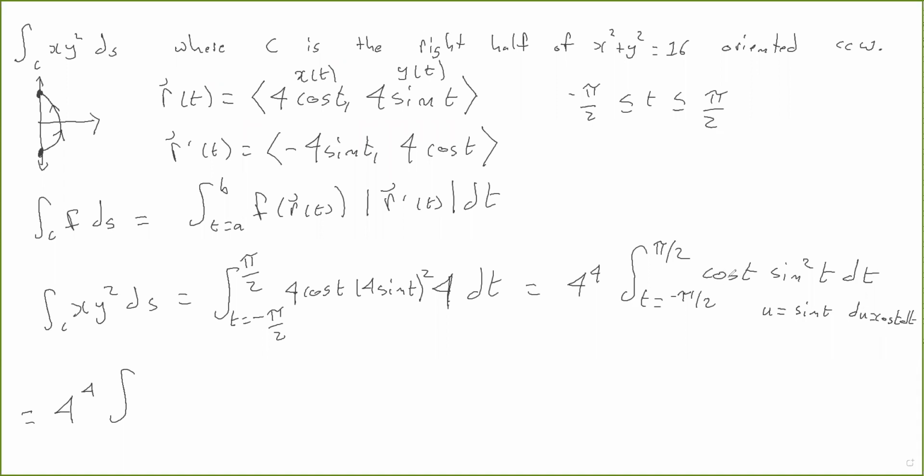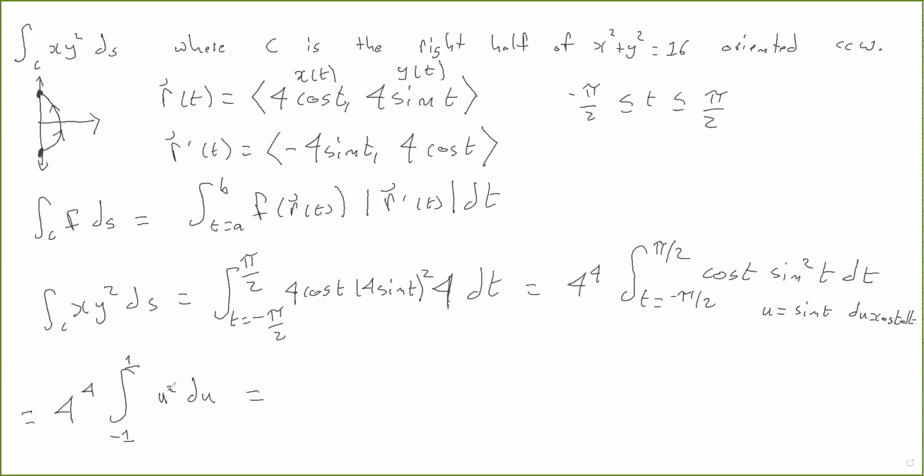So it cancels with that cosine t, which is the whole reason we picked this u substitution. So this will be u squared du. And now the bottom limit: if u is equal to sine of t and t is equal to minus pi over 2, u is going to be equal to sine of minus pi over 2, which is minus 1. And similarly, if t is equal to pi over 2, then u is going to be equal to sine of pi over 2, which is 1.